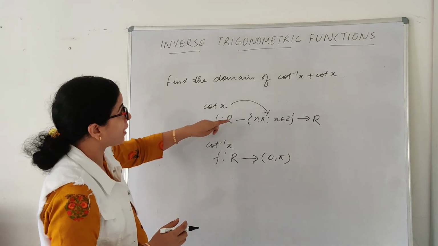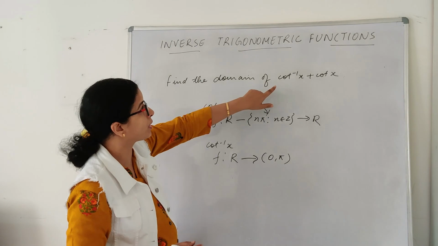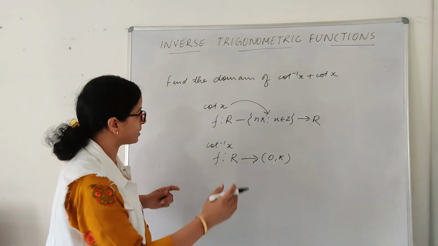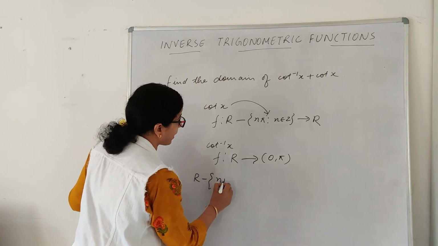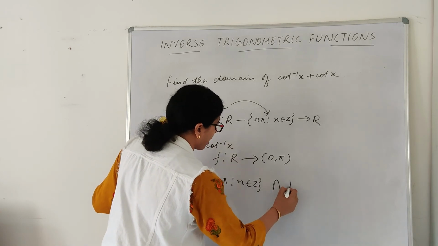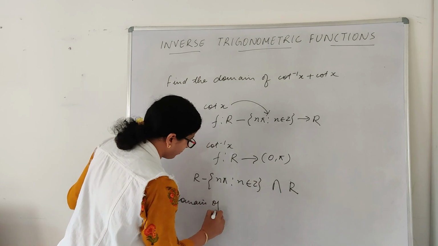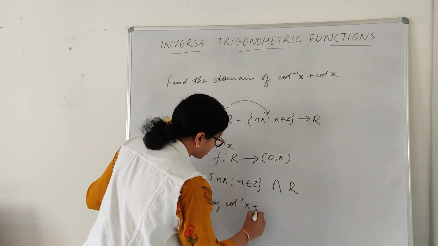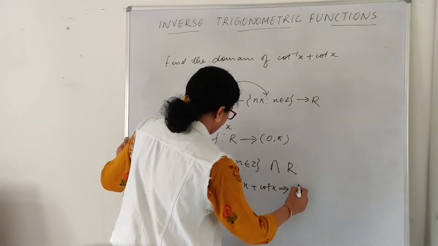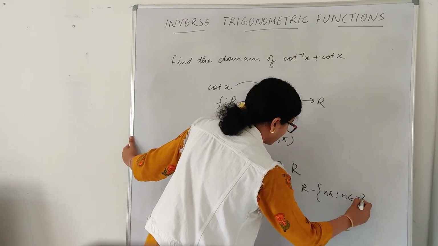So now I have to take the intersection of these two domains. R minus n pi, n belongs to Z, intersection R. Okay, so the domain of cot inverse x plus cot x will be R minus n pi such that n belongs to Z.